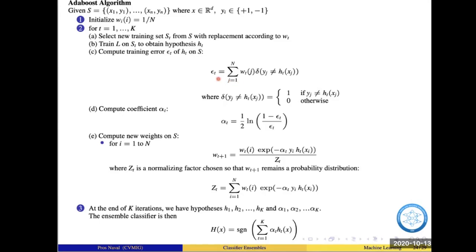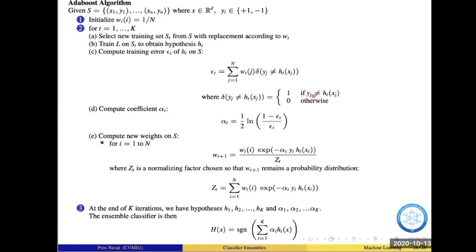So the training error, epsilon, is just this sum of this Wt, this is your vector here, times delta, where delta is an indicator function.